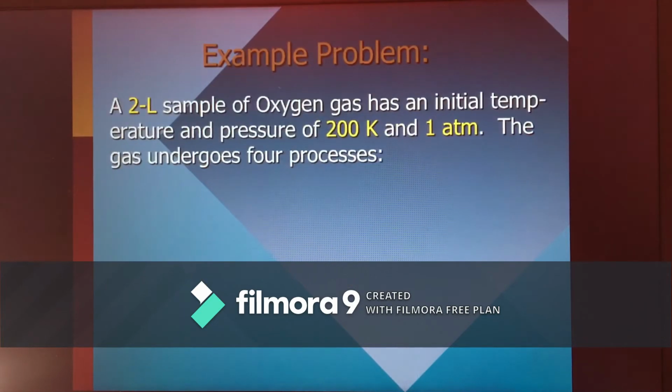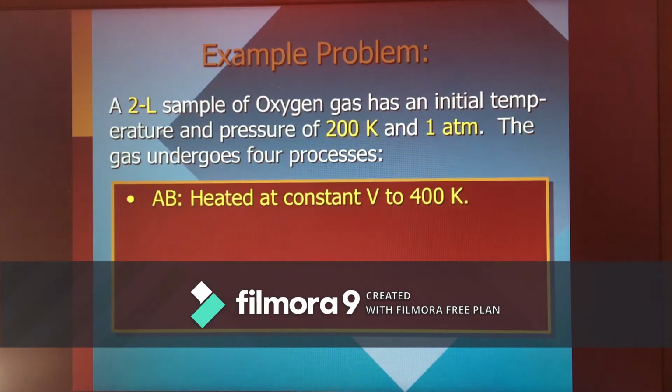Okay, so let us apply this to this problem. A 2-liter sample of oxygen gas has an initial temperature and pressure of 200 Kelvin and 1 atmosphere. The gas undergoes 4 processes. 1, we have AB, from point A to point B, heated at constant volume to 400 Kelvin.